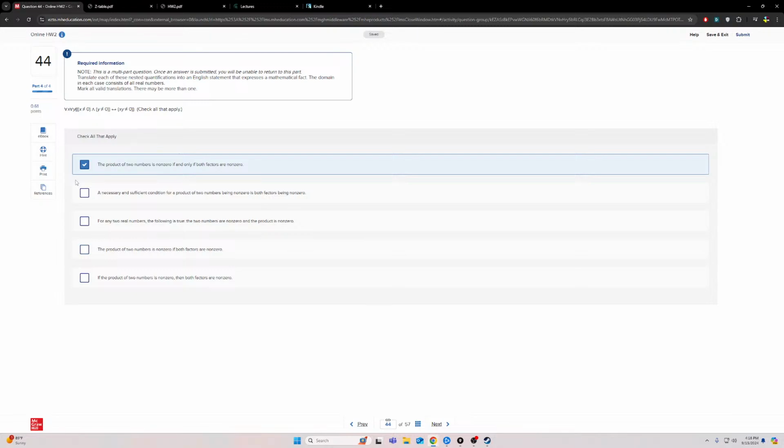The product of two numbers is non-zero if and only if both factors are non-zero, true. A necessary and insufficient condition for a product of two numbers being non-zero: both factors being non-zero. So this one's saying this has to be true for this to be true.